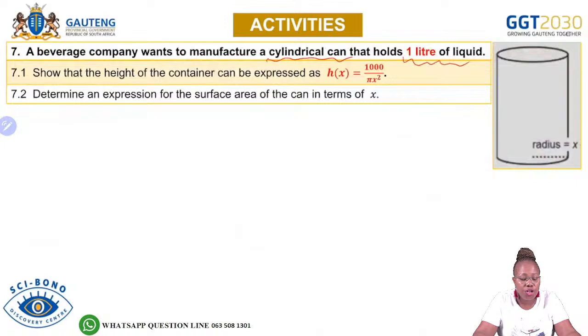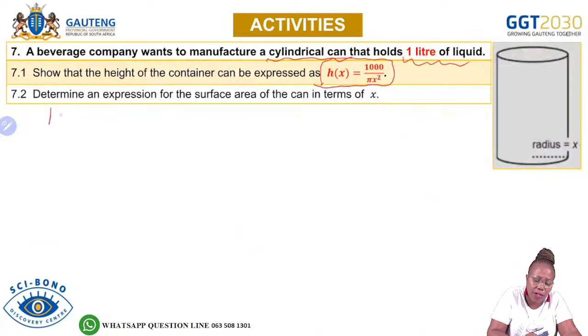And then now we need to show that the height of the container can be expressed by this formula. Always start from what, grade 12? From given. But in this case, we are given a capacity of 1 liter. So you start by converting a liter to cubic centimeters.